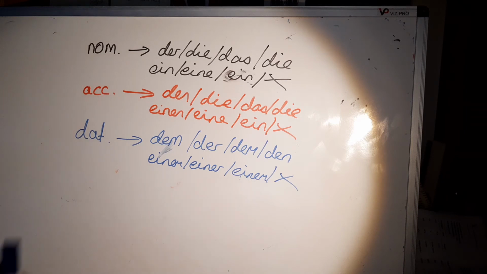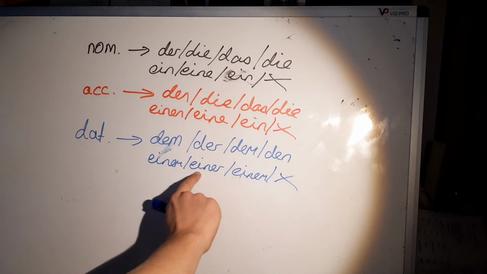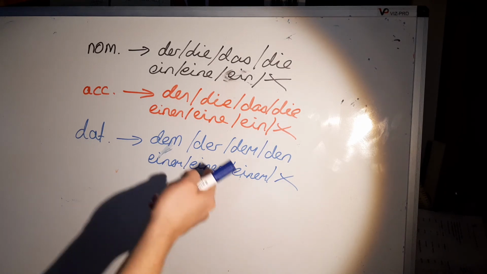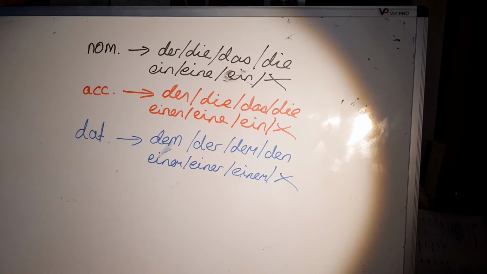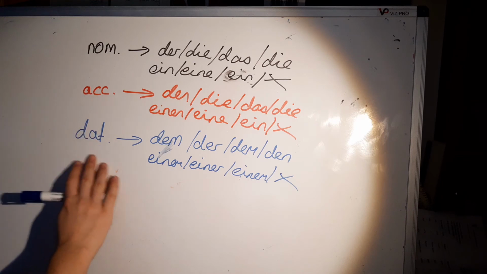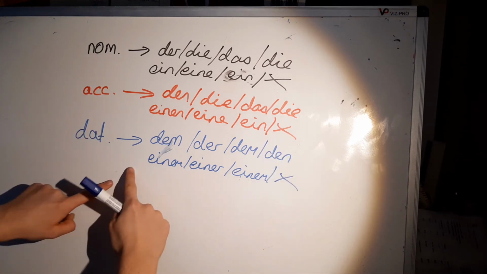Ich gab eine Katze das Essen. I gave the food to a cat. Now, eine Katze, you need the R at the end. Or ich gab der Katze das Essen. That's for the indirect objects.